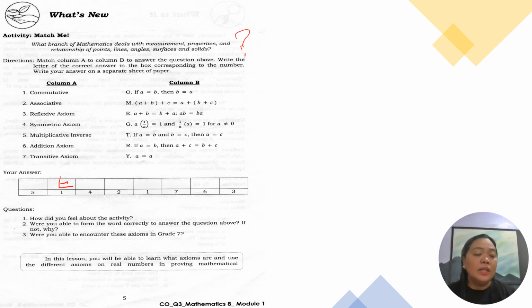There are 3 numbers. The first one, how did you feel about the activity? Number 2, were you able to form the word correctly to answer the question above? If not, why? Number 3, were you able to encounter these axioms in grade 7? Yes, of course.